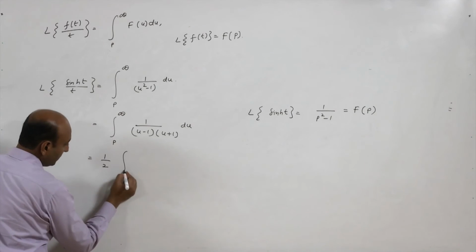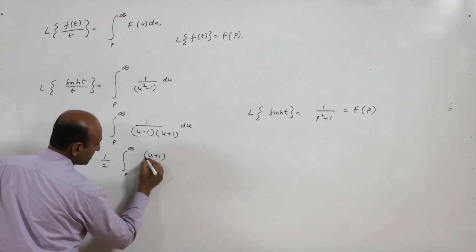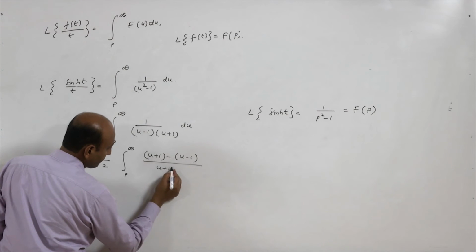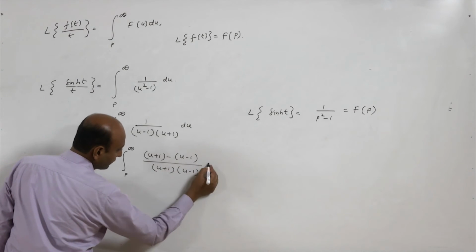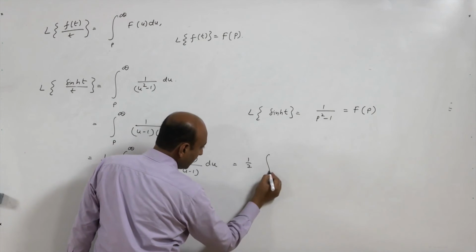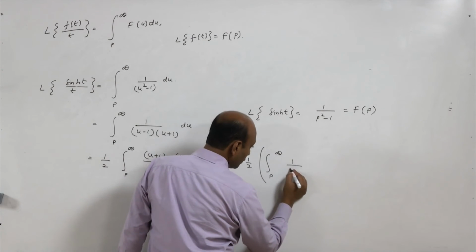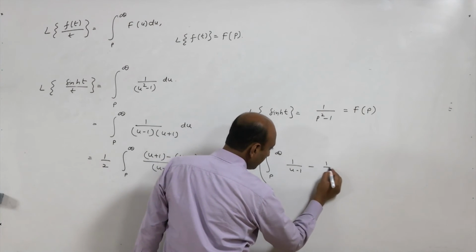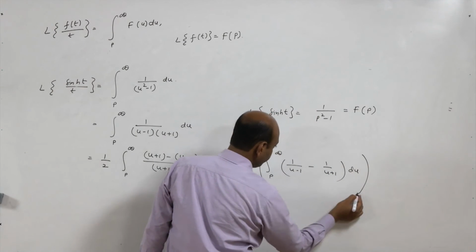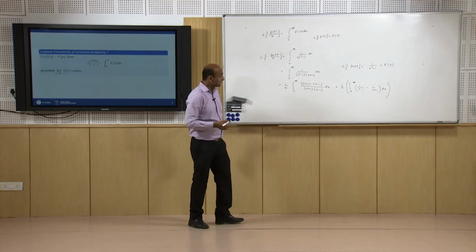So, 1 by 2 integral from p to infinity, and 2 can be written as (u plus 1) minus (u minus 1). So, this is nothing but 1 by 2 integral from p to infinity of 1 upon (u minus 1) minus 1 upon (u plus 1) du. This is the partial fraction of this.